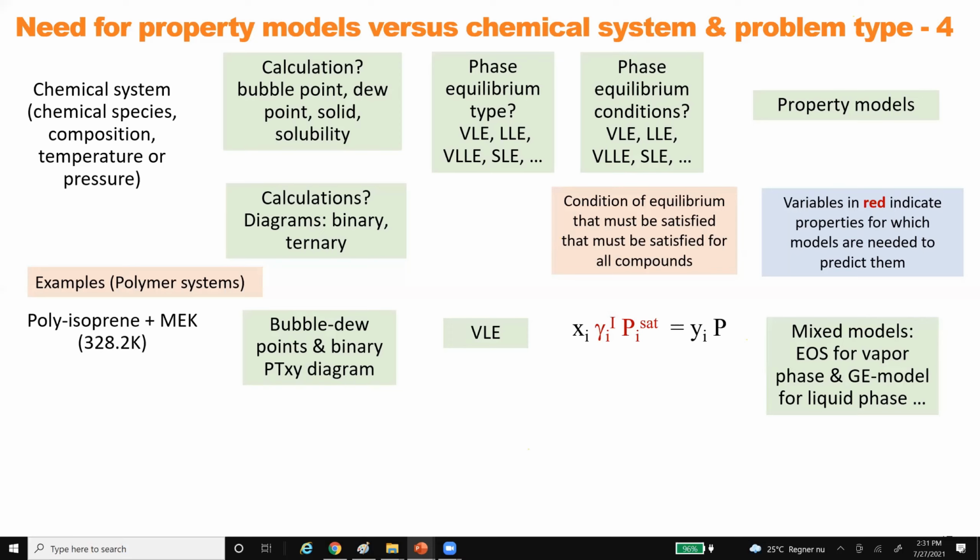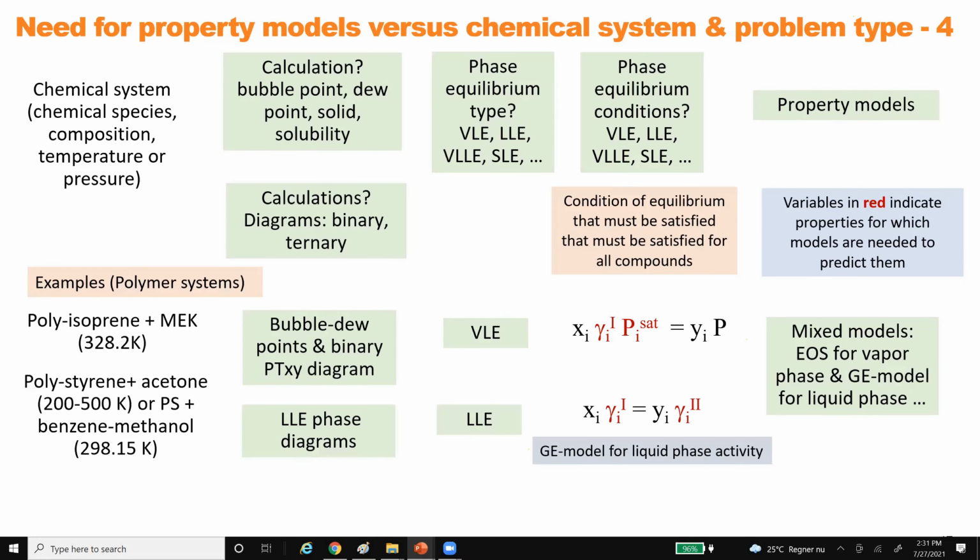It is also somewhat easier because the polymer will not vaporize, so we know that the vapor phase will be only NK. So the right-hand side will be 1, and it is easier to calculate the composition.